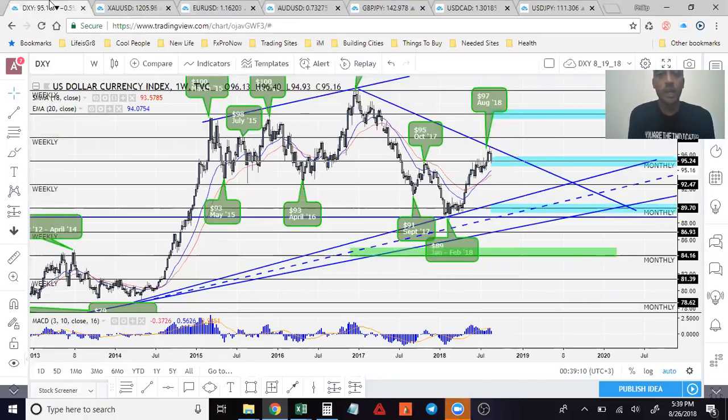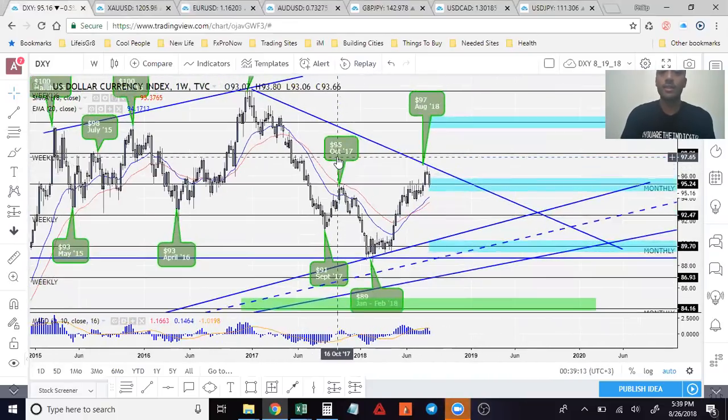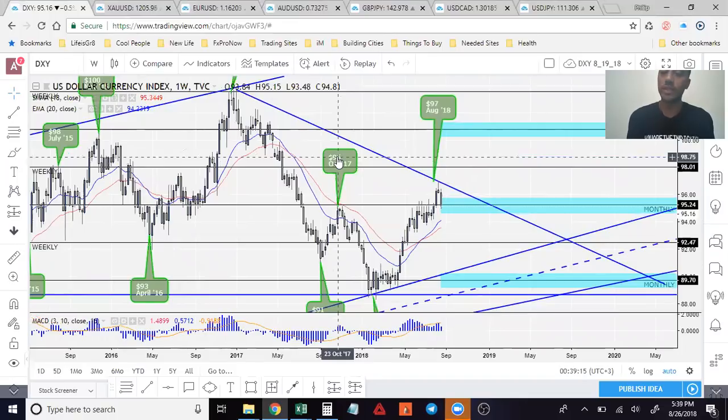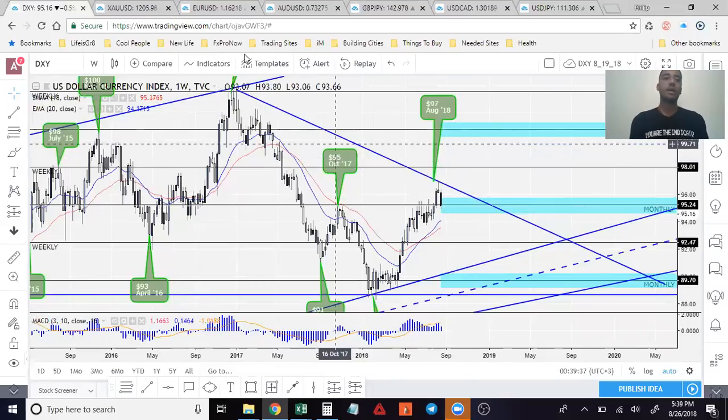All right, so from our analysis from last week, we expected the US dollar to continue to rise. It was actually on a strong rise, and from what happened at the end of the last day of the market, there was a big shift, and I think it was necessary because there was a lot of movement going on, specifically with AU, but also with the dollar currency in general.